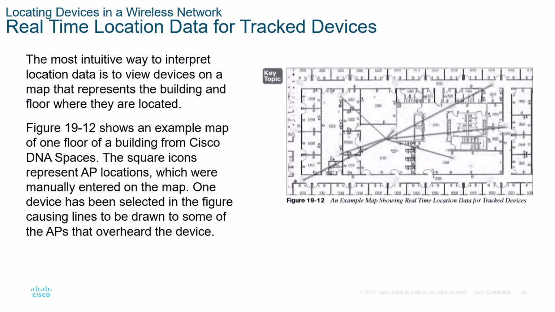Again, the most intuitive way to interpret location data is to view devices on a map that's been designed. Normally, when you deploy your wireless networks, you can upload maps and place the access points, so that when you're doing the data location, you can get a more true, accurate picture of what's going on.